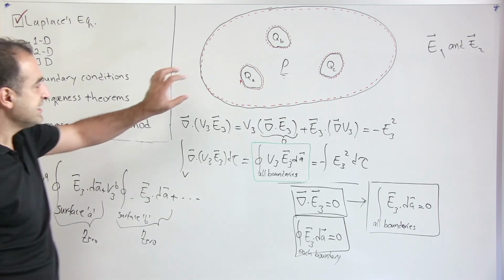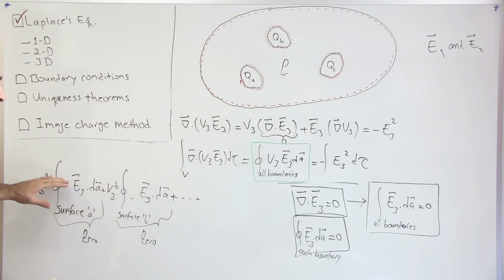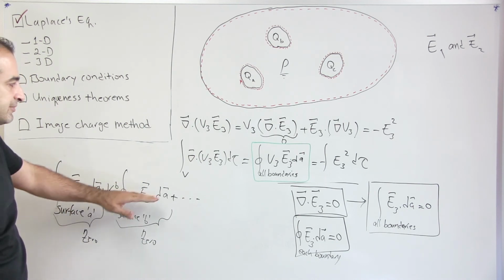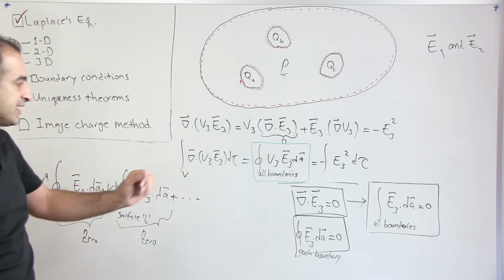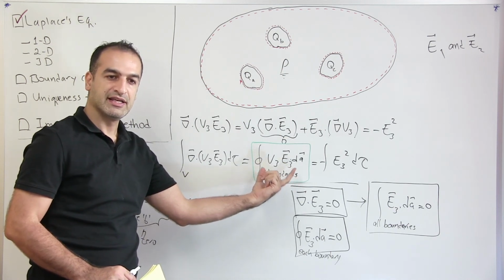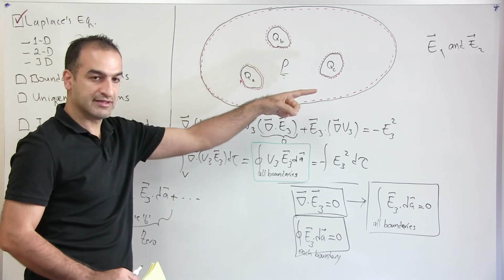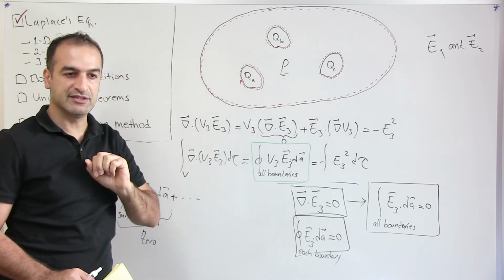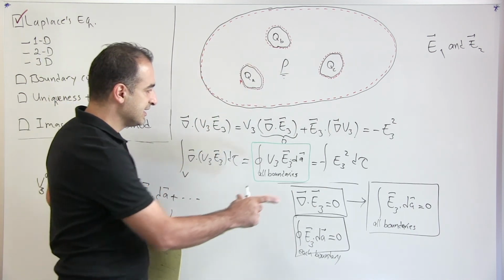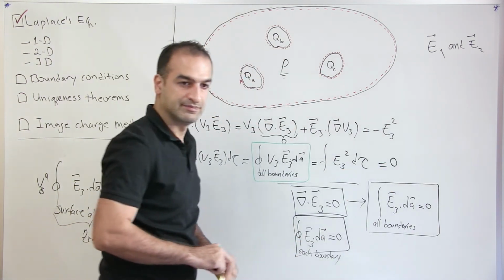So for each surface around the conductor, this part becomes just 0 plus 0 plus 0. So as a whole, this integral in this green box is many integrals on the surface of these conductors, but each integral is 0. So at the end, this as a whole must be 0 as well.